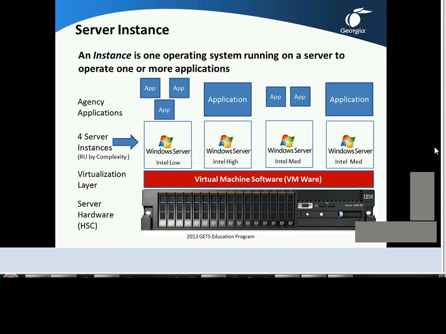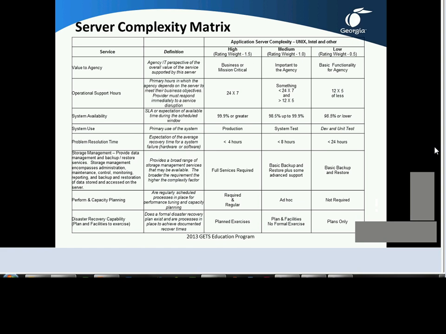Now, you might still be asking, okay, so some of these are high, some of these are low instances. How exactly is that defined? Well, on this next slide, we have the server complexity matrix. And this table shows the means to defining server instances in the IBM GTA contract. A full version of this matrix is in the addendum to this presentation.